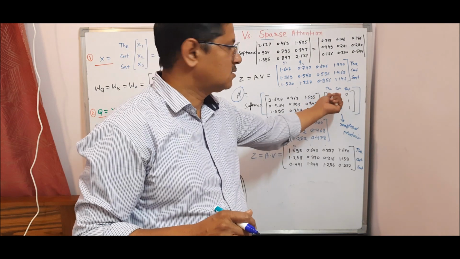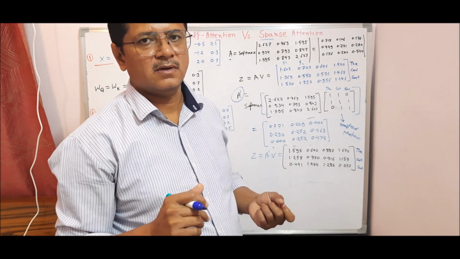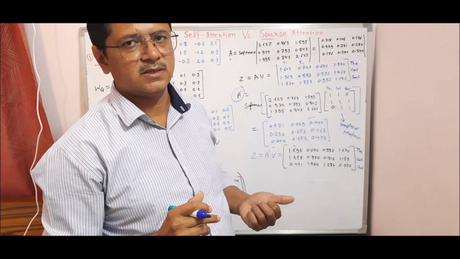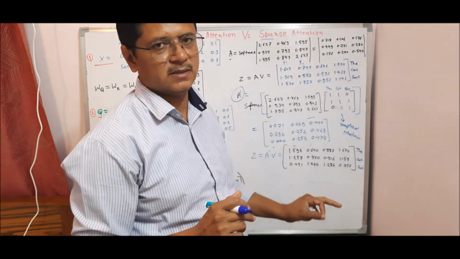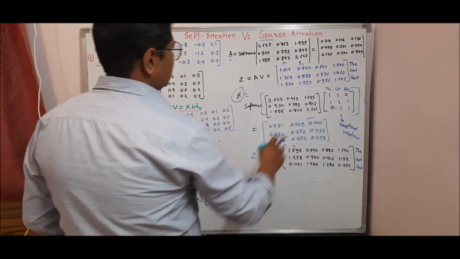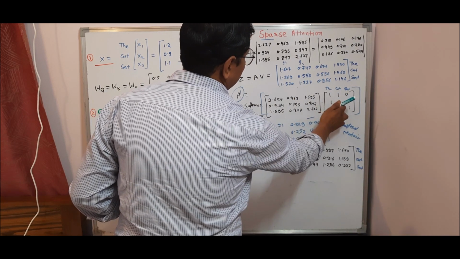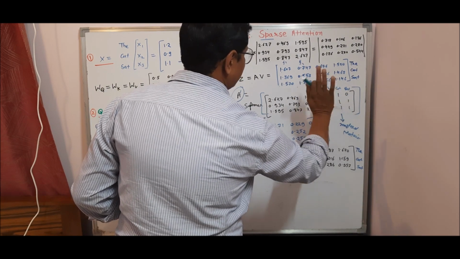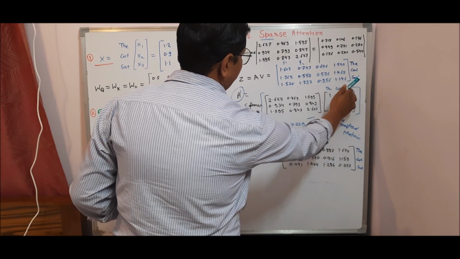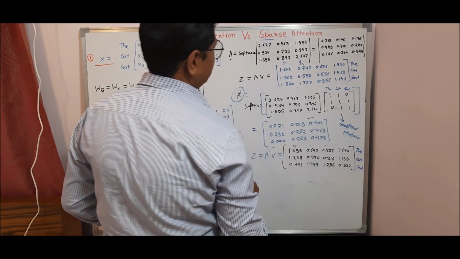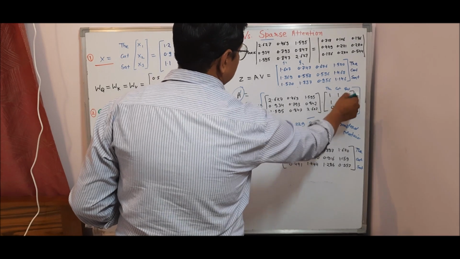Suppose we just want one nearest neighbor in the computation of masked attention. In that case, for "the cat sat", only cat will influence "the", and "the" and "sat" will influence cat, and for sat only cat will influence sat. Others are zero.